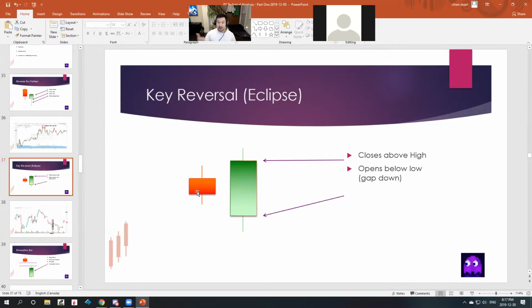Whether it's going to move the price to the upside or to the downside is hard to decipher with the key reversal signal, simply because the candle is eclipsing the previous candle, and it could have wild swings and then end up right back down here where the first candle is. The price could swing up high or down low.